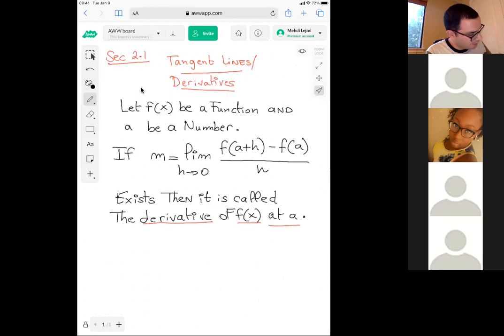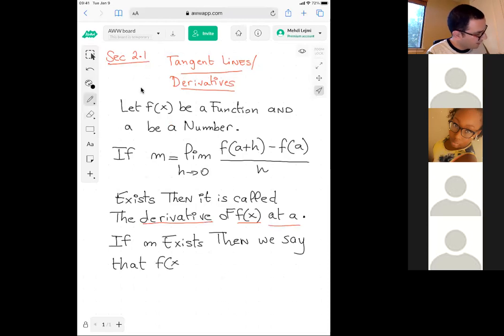So if the number m exists, then we say that f of x is differentiable at a. Differentiable at a. And here's a new word, differentiable.